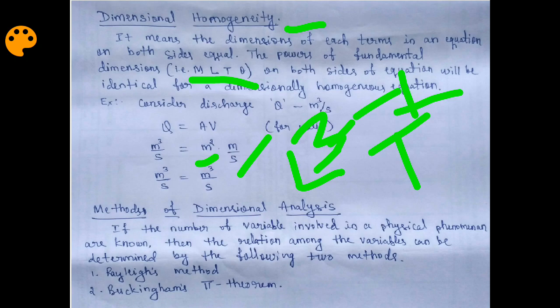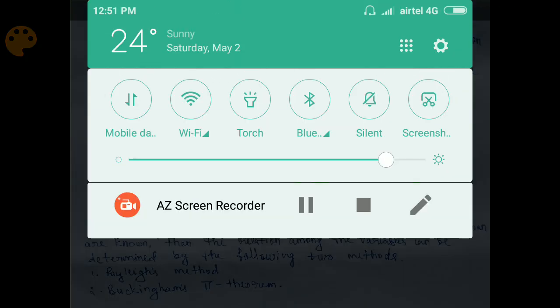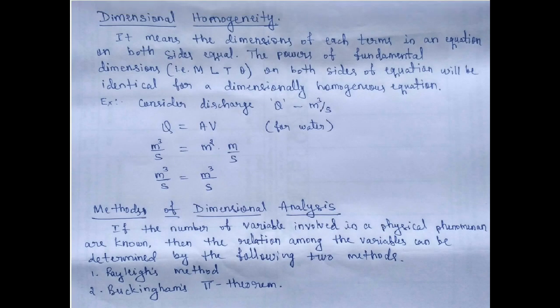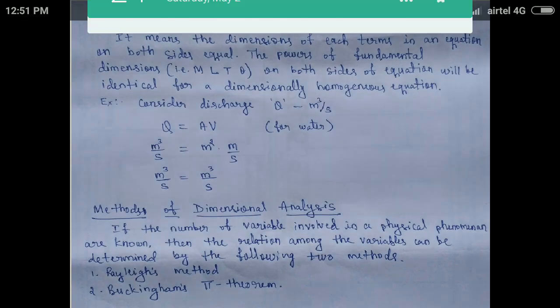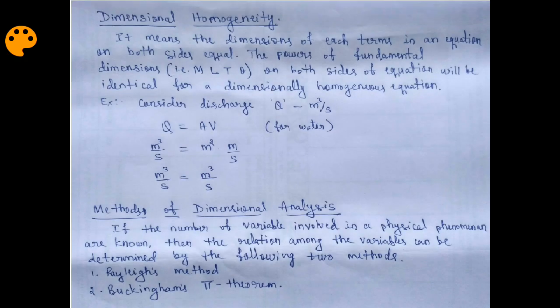Then there are two methods of dimensional analysis. Let's suppose there are three variables in a problem. We'll consider the same problem, water flowing in a pipe, where Q is equal to A into V, so there are three variables.